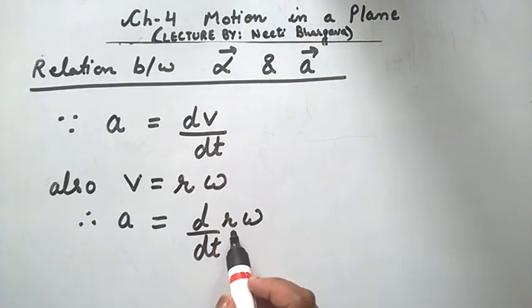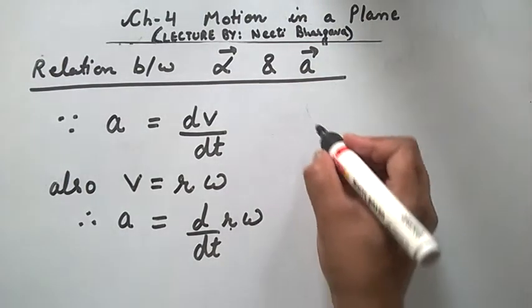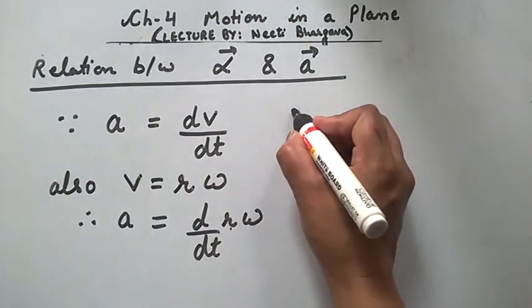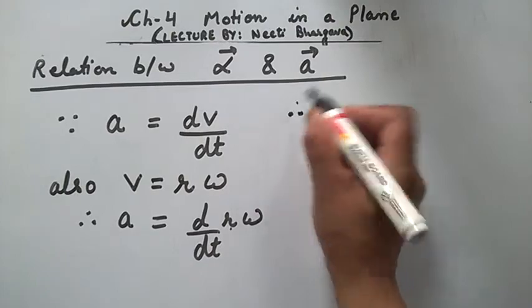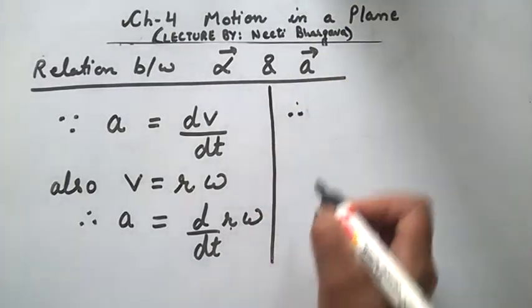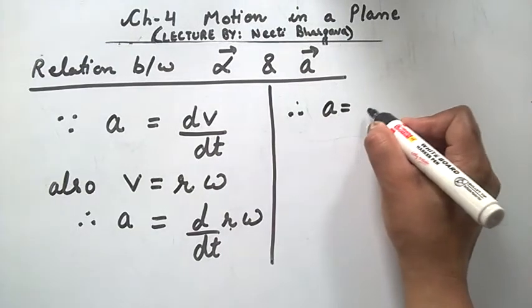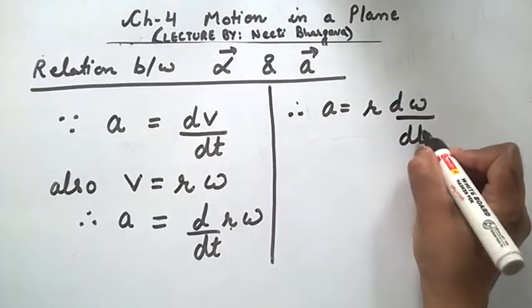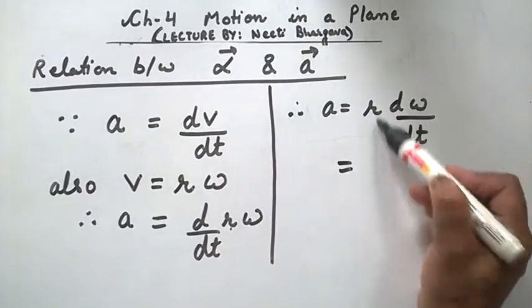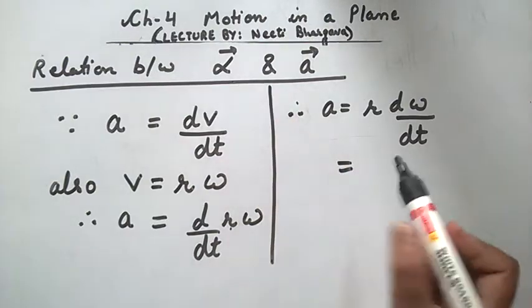Now here distance r is constant, so we will take it out from differentiation and we get a is equal to r d omega by dt. D omega by dt, as we have studied, is angular acceleration.